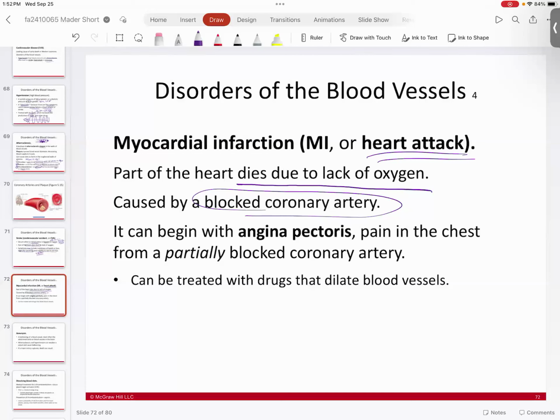If you block those, you're going to deprive the heart muscle of oxygen and it's going to die, and your heart's not going to be able to pump anymore. Generally speaking, this will oftentimes start with angina pectoris, which is basically chest pain. This is usually caused by not a fully blocked coronary artery, but a partially blocked one. If it's fully blocked, you're probably dead.